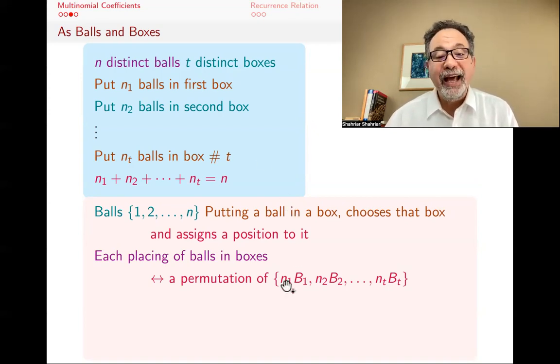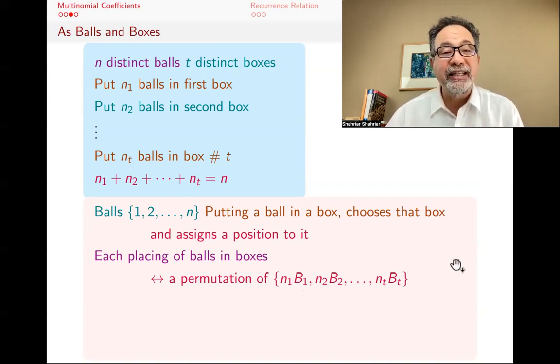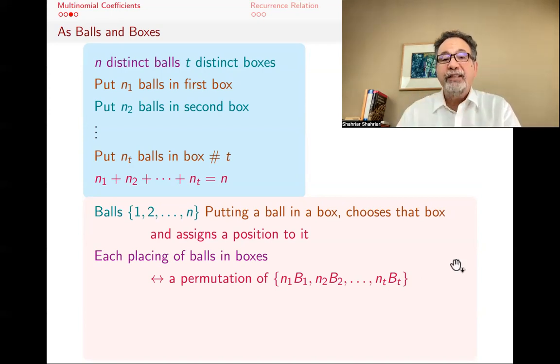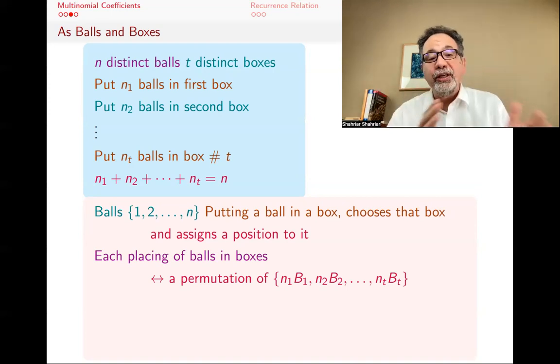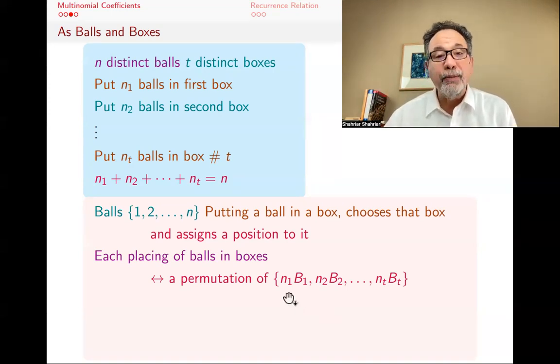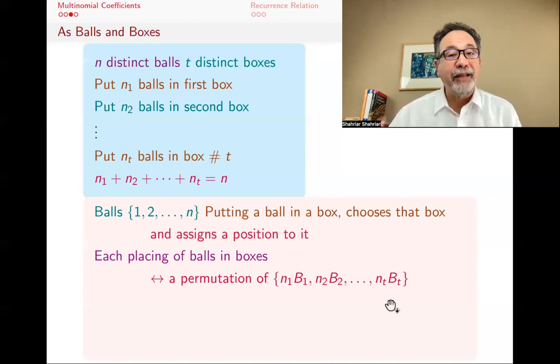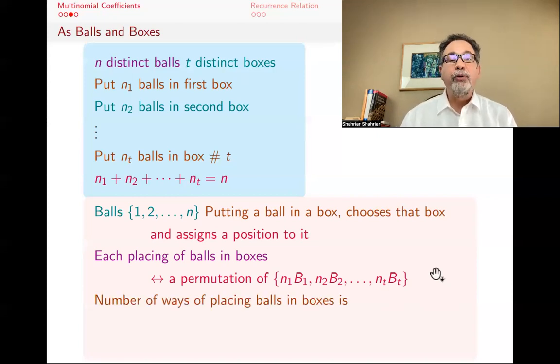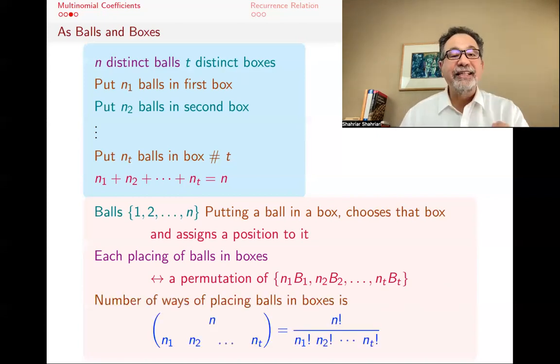We have put n1 balls in box 1, n2 balls in box 2, and nt balls in box t, and each one of those balls had a number on it, and therefore we are saying where that box is going in the permutation. So you can think of that placing of balls in boxes as a permutation of this multiset, and therefore the number of ways of placing all the balls in the boxes with these conditions is a multinomial coefficient. So that's again a place the multinomial coefficients come up.